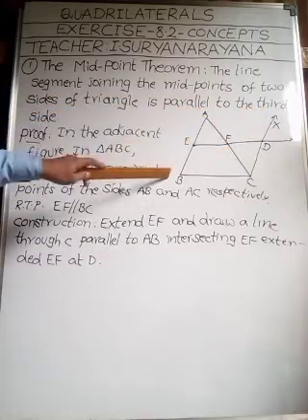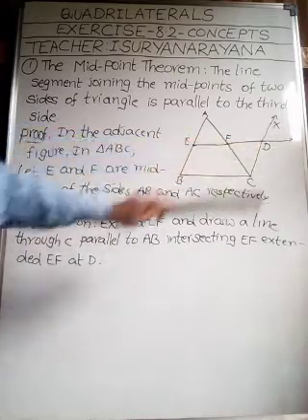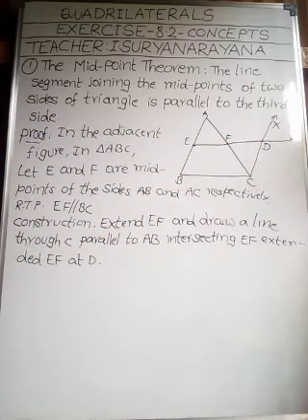It is parallel to AB and it is intersecting the extended EF at point D. Okay, my children, understood? Right.